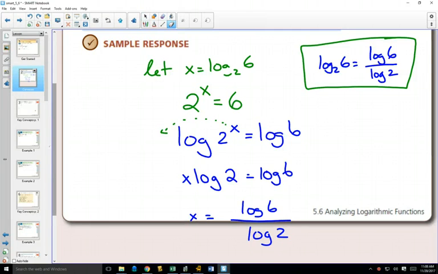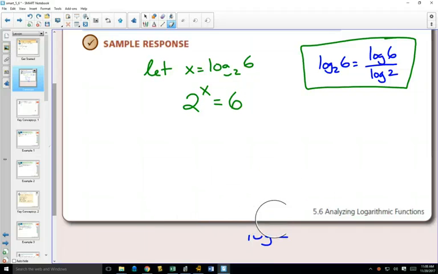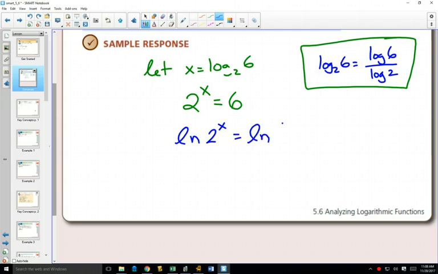Now I'm going to erase the work that we did and start again, but instead of taking the log of both sides, I'm going to take the natural log of both sides. Just like you can take the log of both sides, you could take the natural log of both sides. And the natural log is just a log with base e.